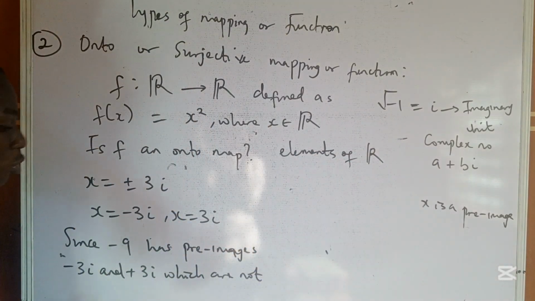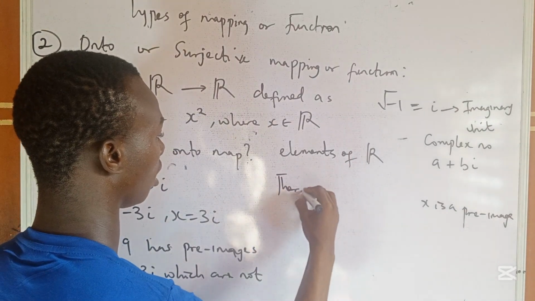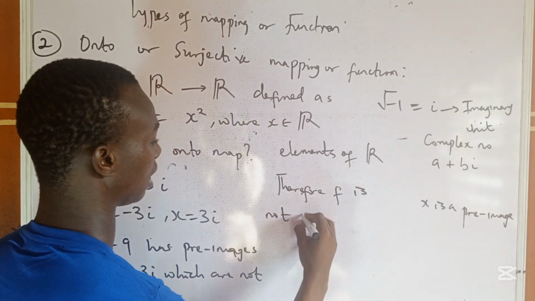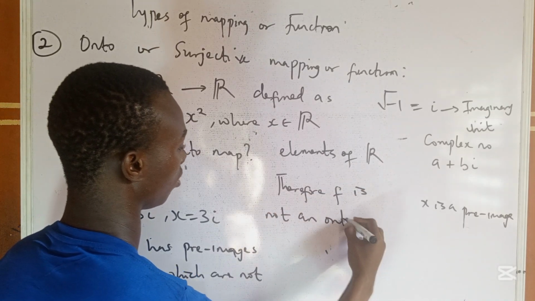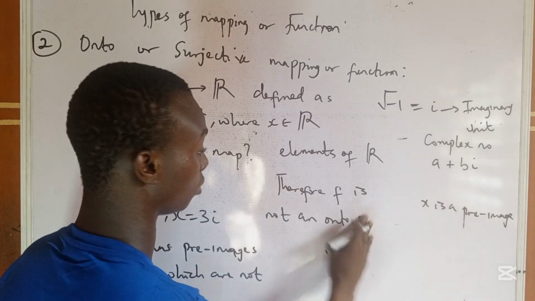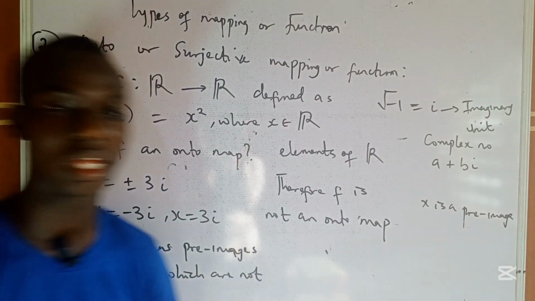It is impossible for us to find a complex number inside the set of real numbers. So therefore f is not an onto function, or let's say f is not an onto map. We said they are just the same. So thank you very much.